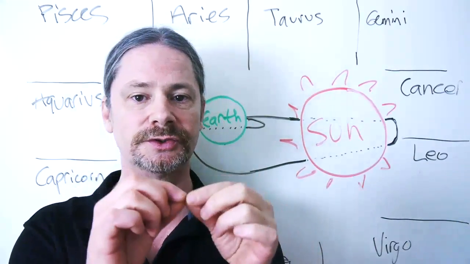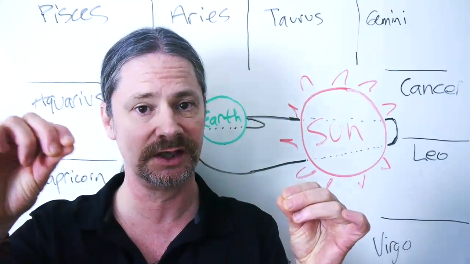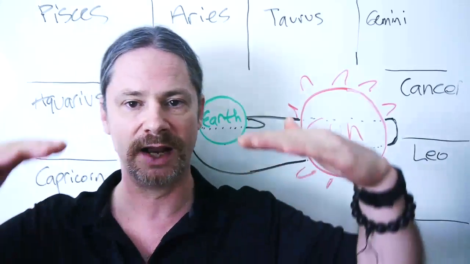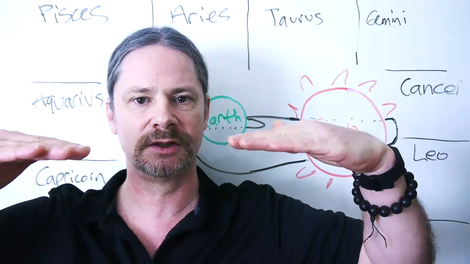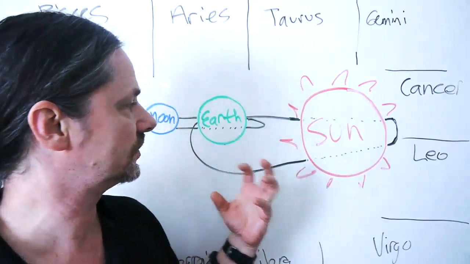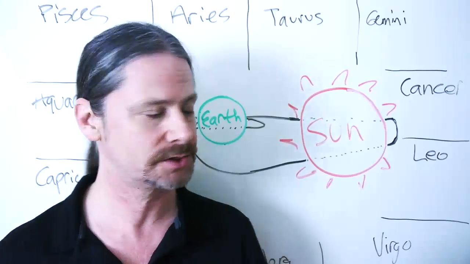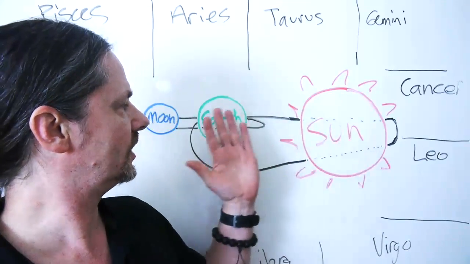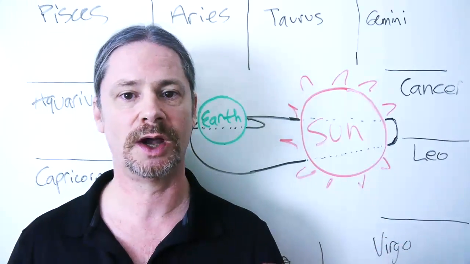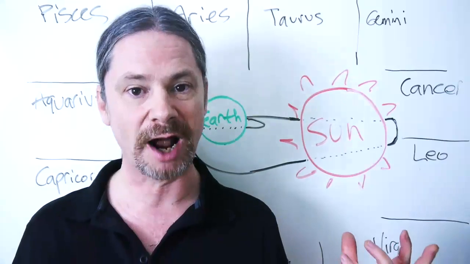The summer and winter solstice are when the sun is at its extreme positions, the brightest day, the darkest day, and then the equinoxes are when these times are equal, when you have an equal amount of sunlight in the northern and southern hemispheres. So that is what's important in Western calendars: the sun and its relationship to the Earth. This is why, when you start using this in Western astrology, it's called a tropical zodiac.